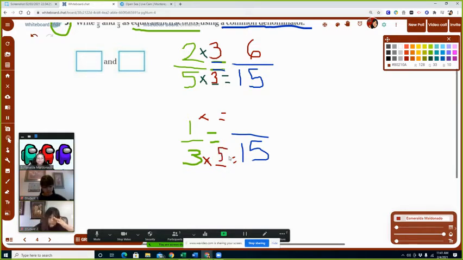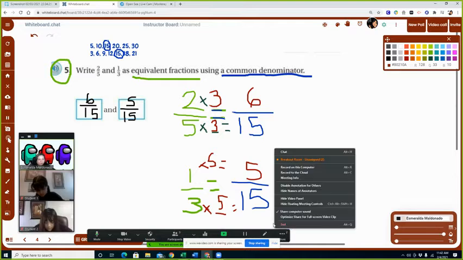So I multiply the numerator by 5. 1 times 5 is equal to 5. So my equivalent fractions, my answer, will be 6/15 and 5/15. For this exercise, it will be okay if you don't simplify it. Just for this problem, it's fine.